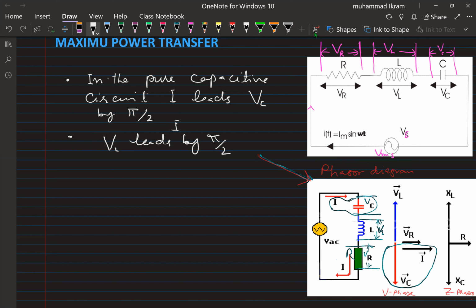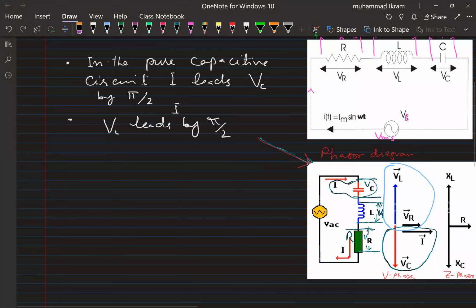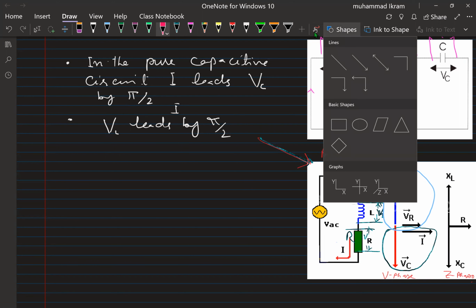So it is this part of the circuit. Now, in order to draw the complete phasor diagram, look at what is going to happen if I draw this diagram; it will look like this. For example, you see shapes here, and which shape should I select? Like this.